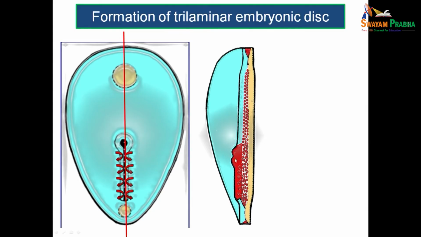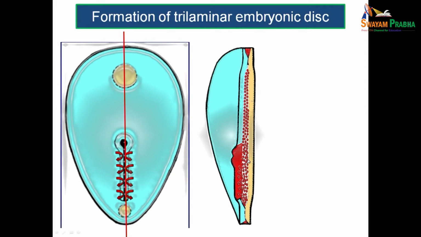So, you can see a part of the primitive streak here. This is the cranial end and this is the region which corresponds to the prechordal plate, and this is a caudal region which corresponds to the cloacal membrane. This light blue colored region is known as the epiblast, and this light yellow colored region is known as the hypoblast. And you can see in between many fine red colored dots which are occupying the space between the epiblast and hypoblast.